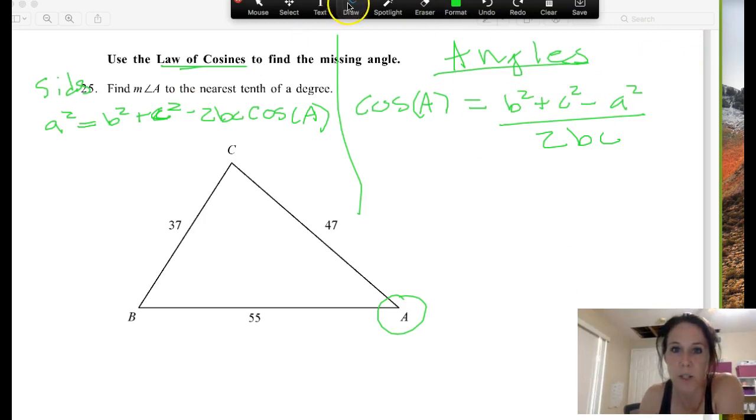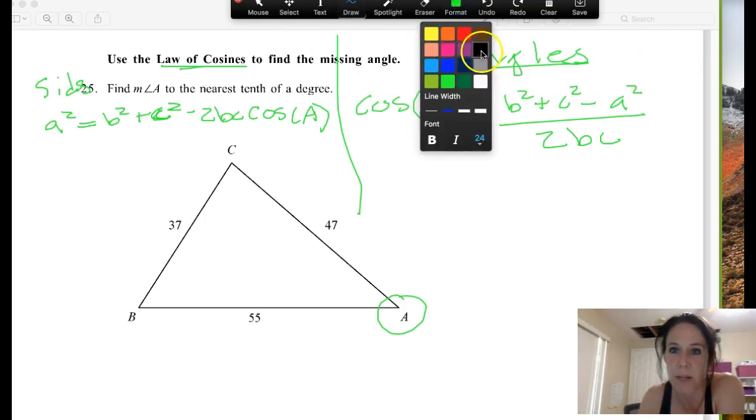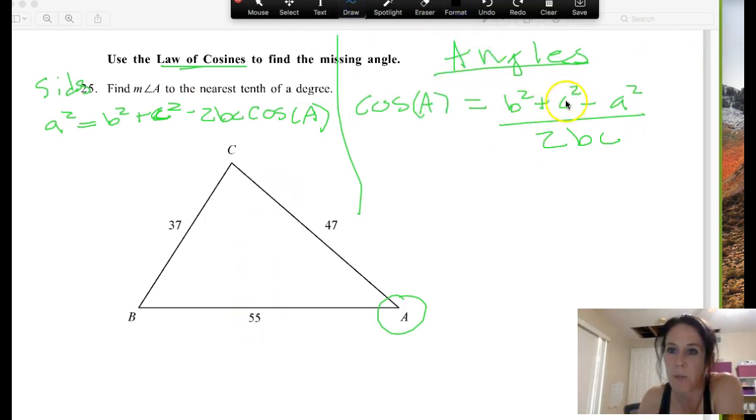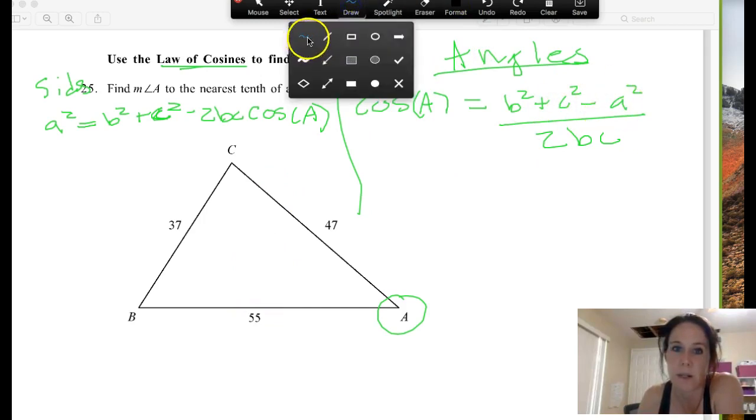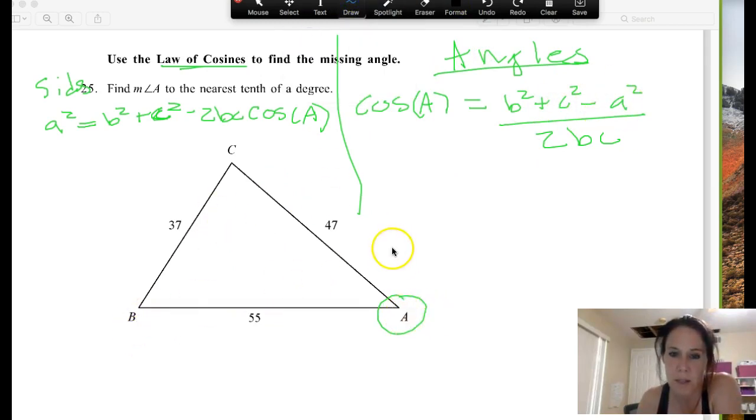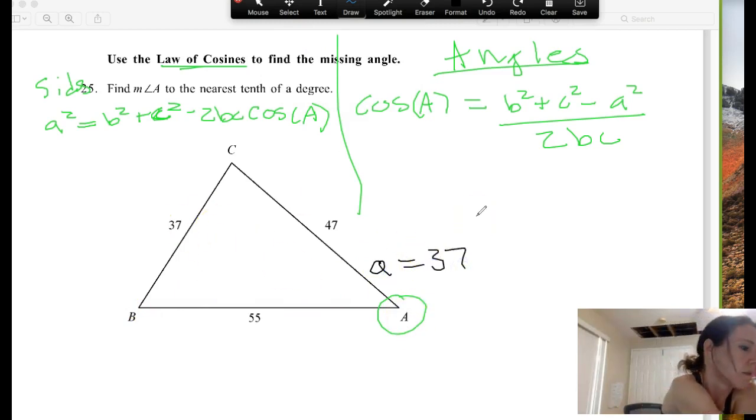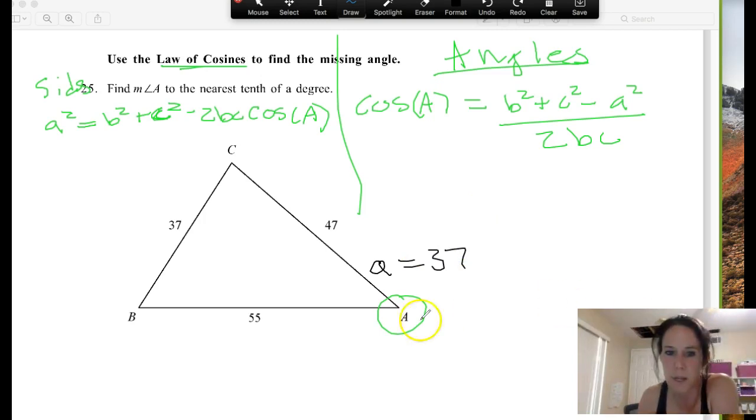All right, let's go ahead and just do what we've got here. We've got B squared, C squared, A squared. So let's just write it down. A is opposite angle A, that's 37. B is opposite angle B, that's 47. And then C is opposite C, and that's 55.